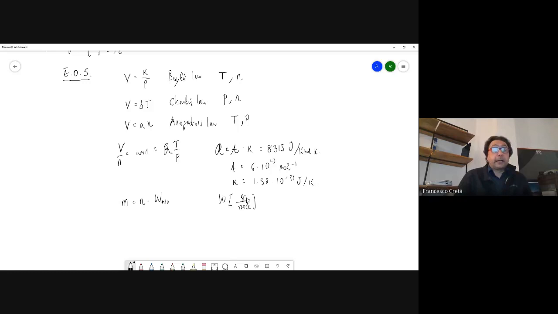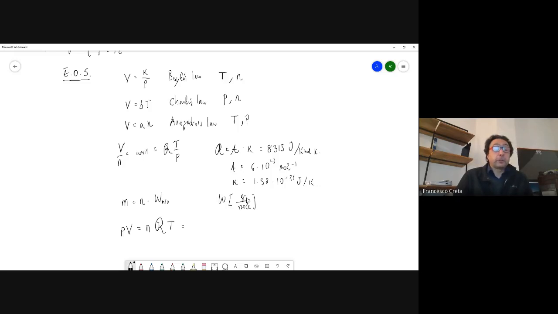And so let's write down our equation of state in another form. We multiply by P, so you have P times the volume is equal to the number of moles times your universal gas constant times T. I will use this script form when I talk about the universal gas constant, which is the same for all gases.